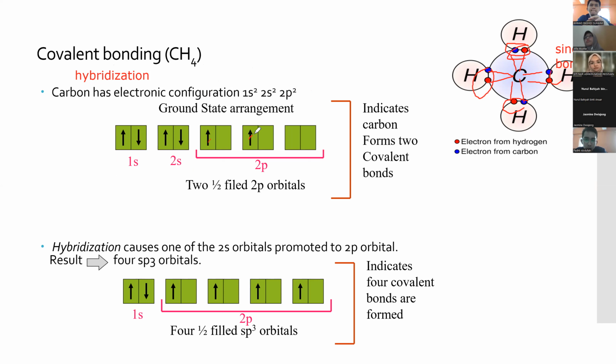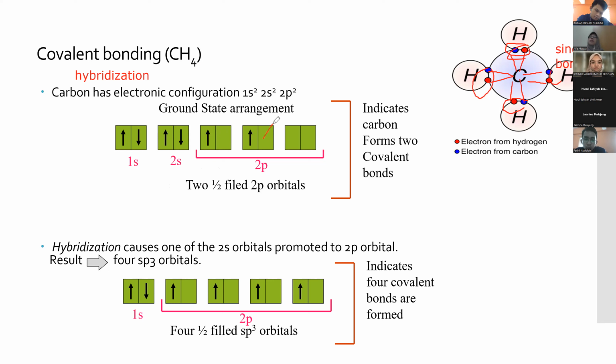This indicates carbon forms two covalent bonds, but because carbon has to make bonds with four hydrogens, it needs four empty orbitals. In the ground state arrangement, there are still only two empty orbitals.